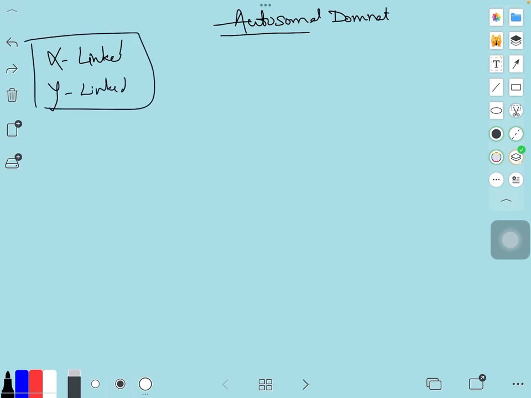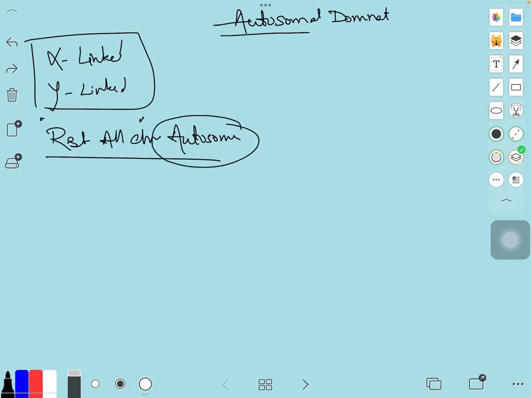And apart from these two, the rest of the chromosomes are your autosomes. So any kind of disease, any kind of change or mutation in these autosomes will result in autosomal dominant or autosomal recessive type of condition.